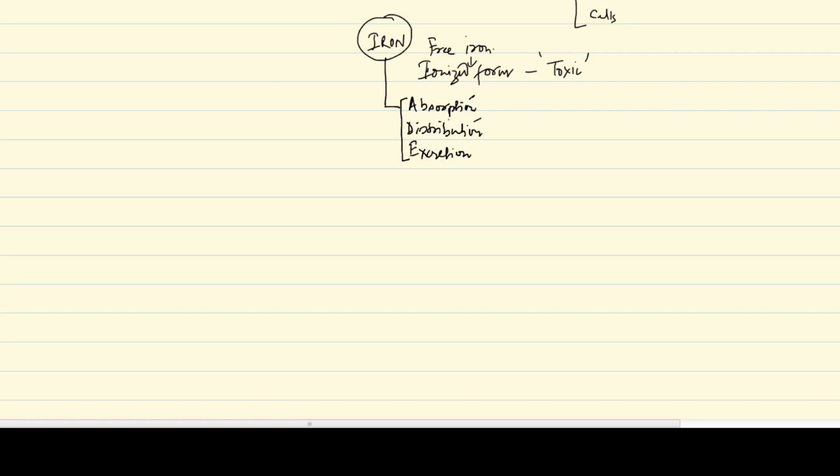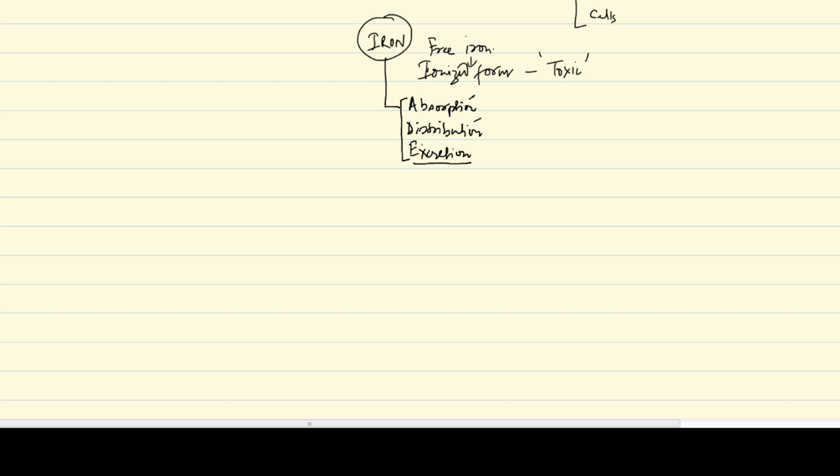For almost all the other nutrients that the body takes in, it has got a well developed excretory pathway. But the excretory pathway is not well developed as far as iron is concerned. There is no specific, specialized mechanism for the excretion of iron.